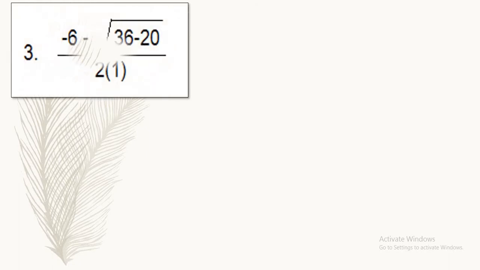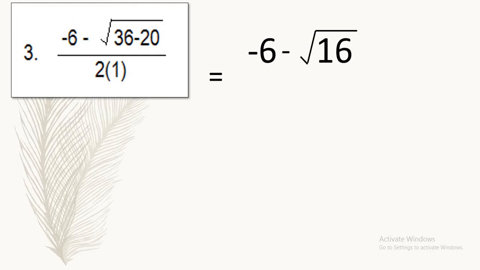Okay, let's go on now to number 3. We have here negative 6 minus square root of 36 minus 20 all over 2 multiplied by 1. So let us simplify the square root of 36 minus 20, and that is square root of 16 all over. Simplify the denominator, 2 times 1, which is 2.